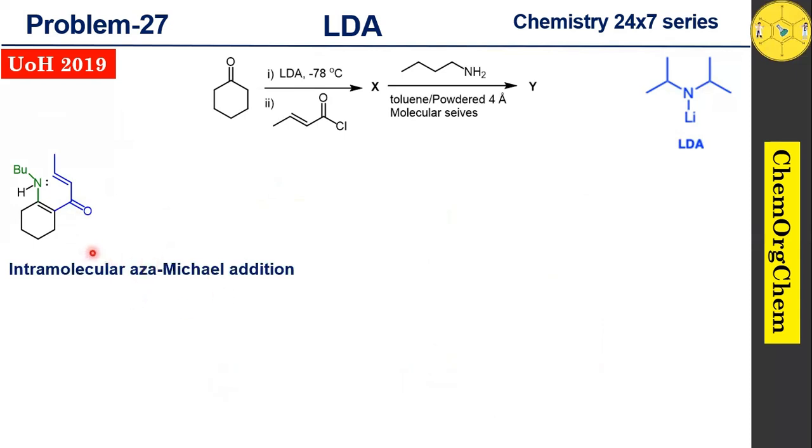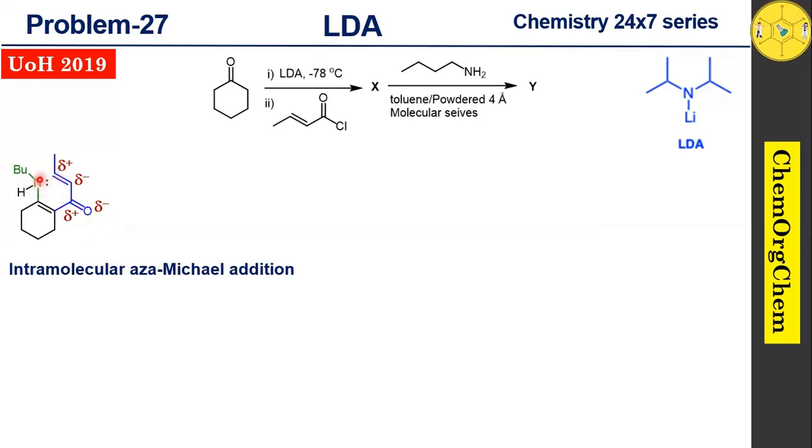Before that, we should find the electronics of this particular substrate. Now you see the oxygen will get delta negative since oxygen is a more electronegative element. So this neighboring carbon gets delta positive, this carbon gets delta negative, and this carbon gets delta positive. That means this carbon is electron deficient.